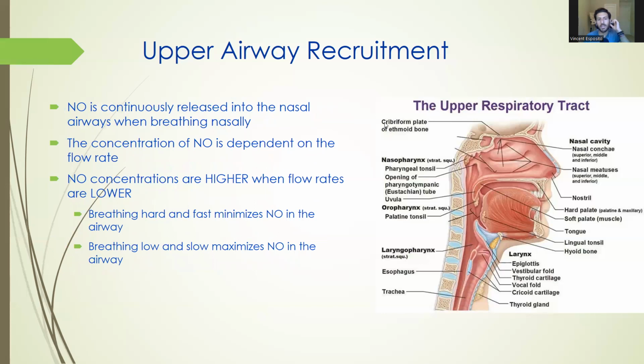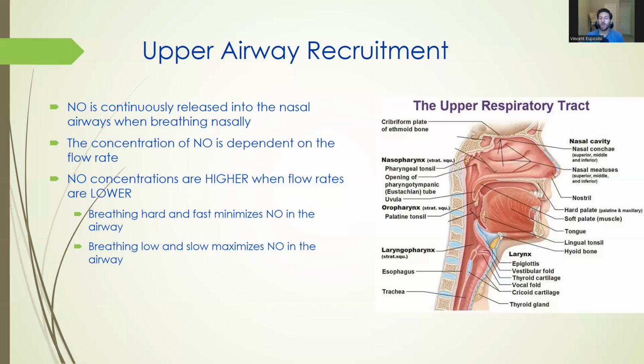Now, remember, nitric oxide is continuously released in the nasal cavity. And it's going to be dependent on the flow rate. So this is where, again, flow rate comes back in. If we're breathing soft, if we're breathing slow, if we're breathing deep, nitric oxide concentrations are going to get higher when flow rate is lower. In other words, it has a longer time period to stick around in those areas and keep them dilated.